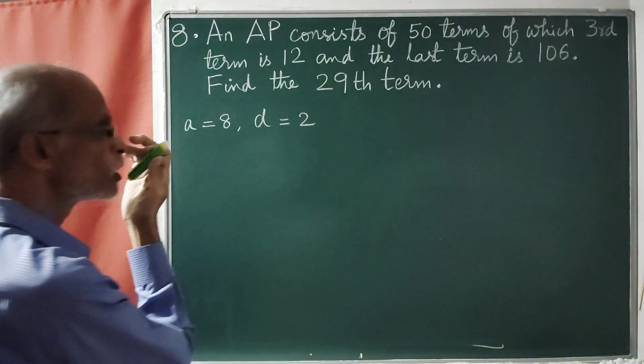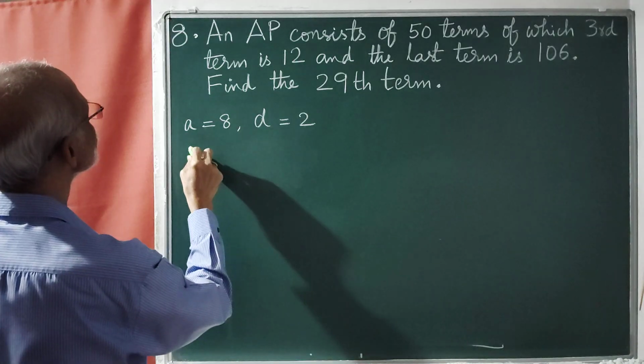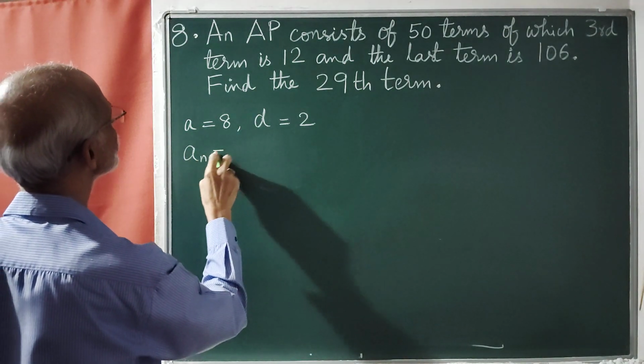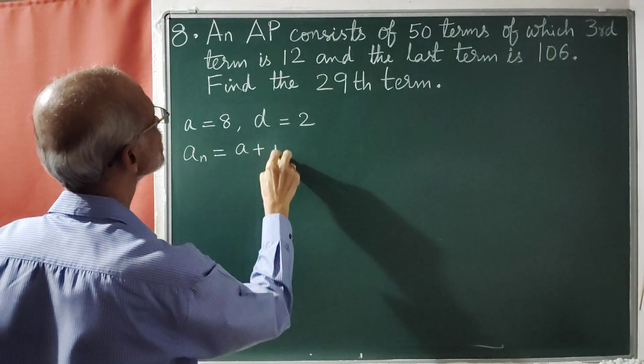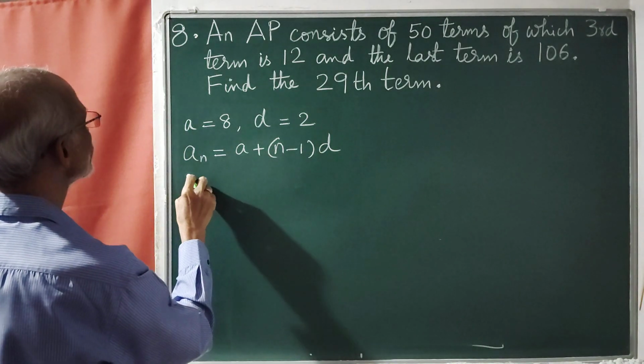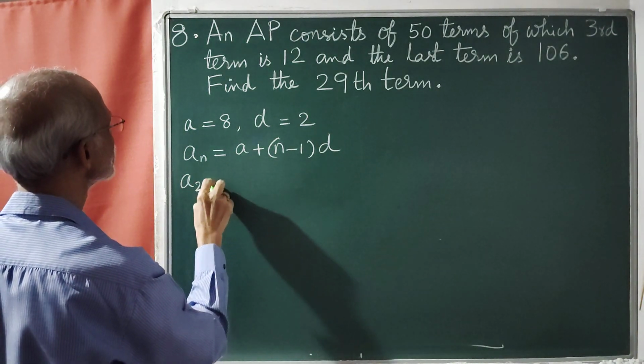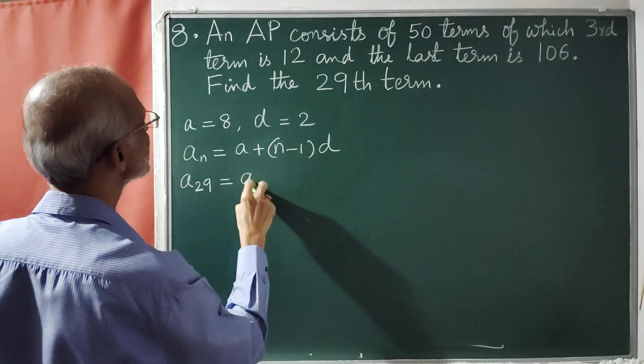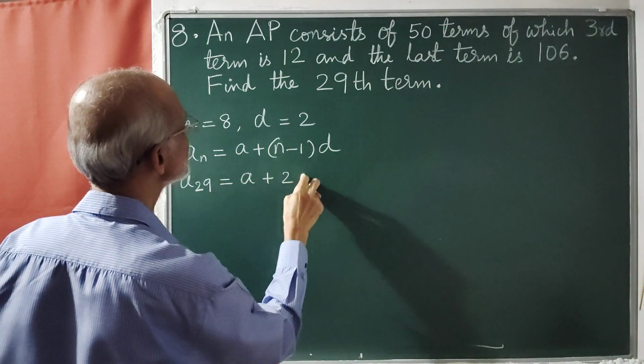Now we have to find the 29th term. So An is equal to A plus n minus 1 into D. So A29 will be equal to A plus 28D.